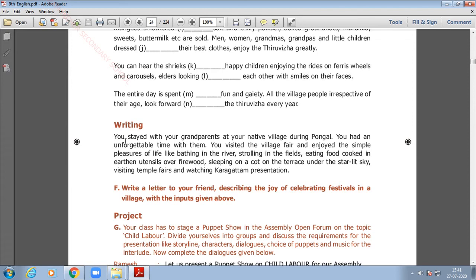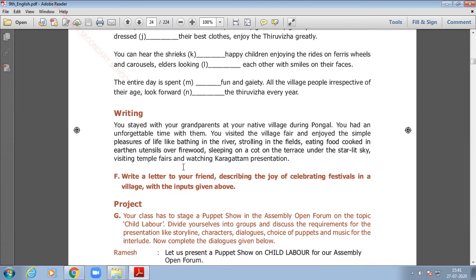You are given the exact scenario of what happens during the carnival in a village which you had attended. Now write a letter to your friend describing the joy of celebrating festivals in a village with the inputs given above. You may develop the ideas given here.